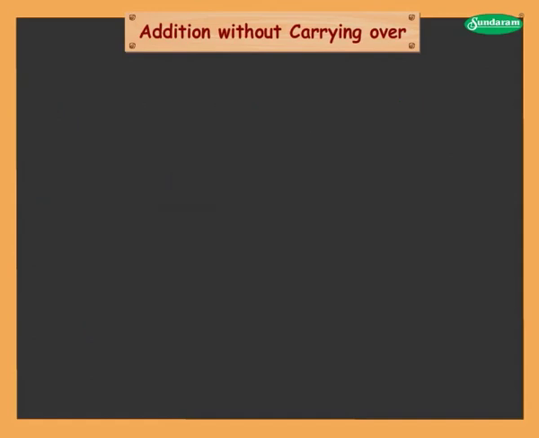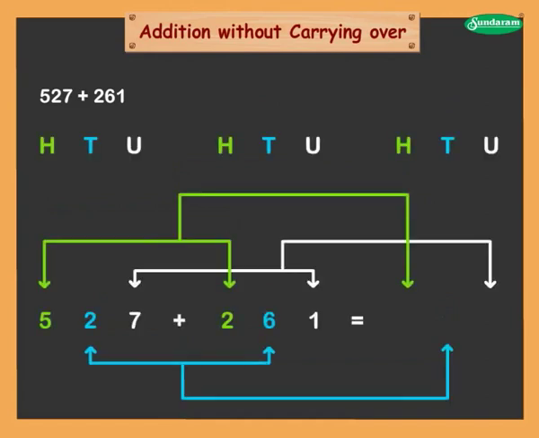Add in horizontal arrangement. 527 plus 261. 5 hundreds, 2 tens, 7 units plus 2 hundreds, 6 tens, 1 unit is equal to 7 hundreds, 8 tens, 8 units.